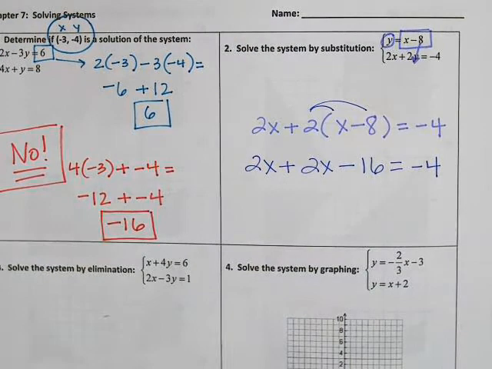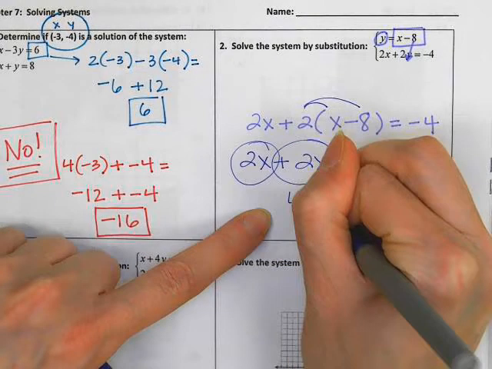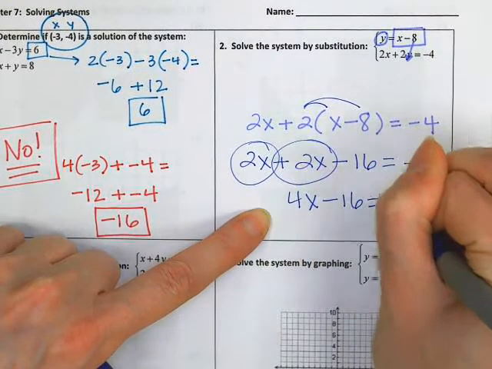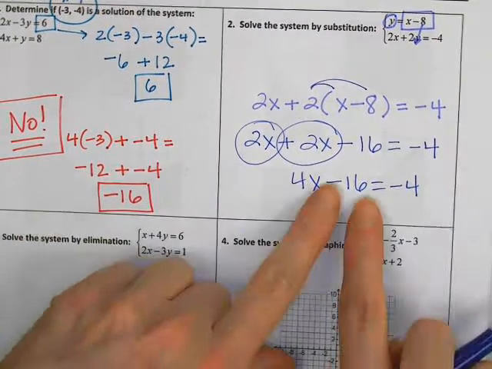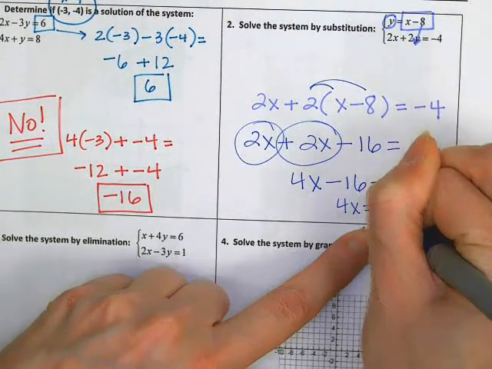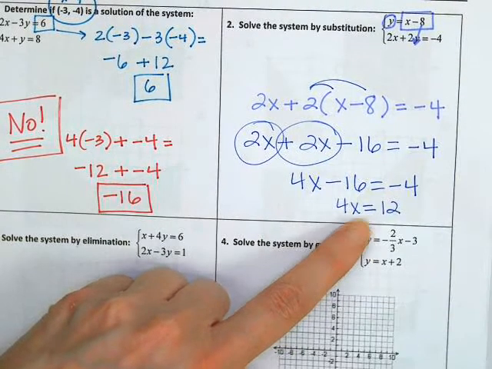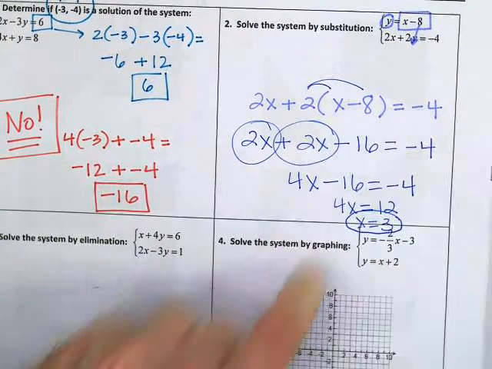And then we add like terms. 2x plus 2x is 4x minus 16 equals negative 4. And then we're going to add the 16 over and get 4x equals 12. So then divide by 4. And x is 3. Okay, so great.